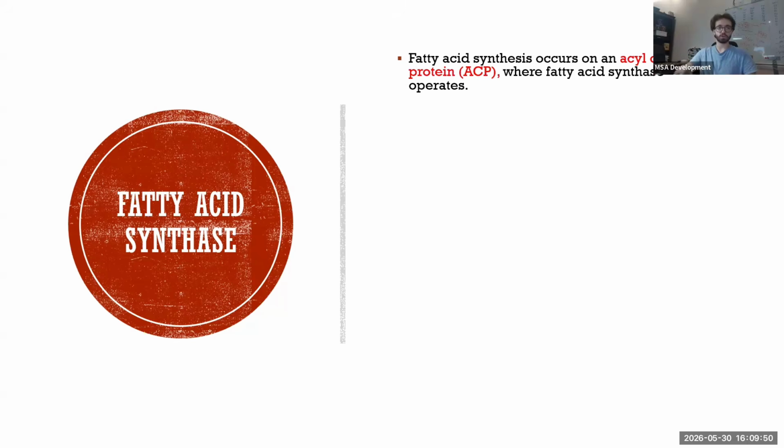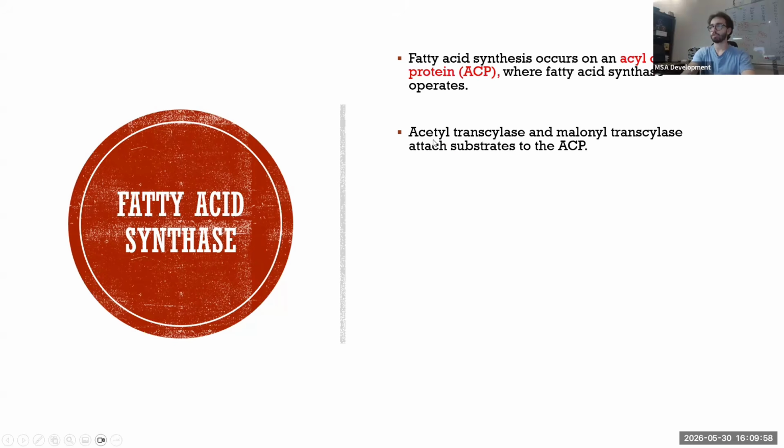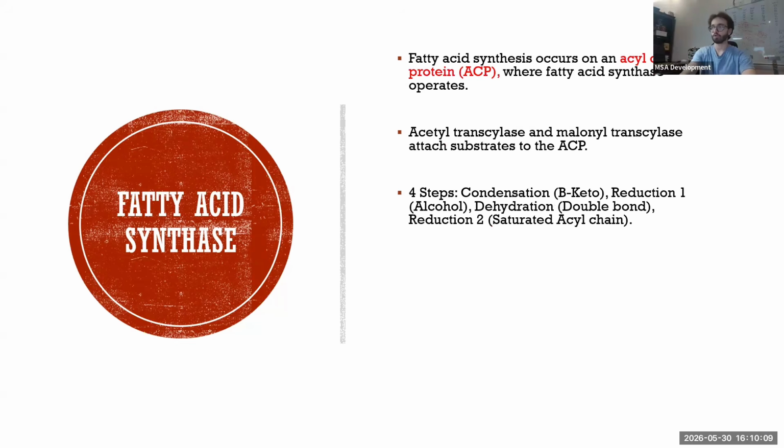You don't need to know what this is. Just know in all these reactions, the condensation and so on, they happen on the acyl carrier protein, okay? This is for completeness' sake. Acetyl transacylase and malonyl transacylase are two enzymes that take the substrates and put them on the acyl carrier protein so that fatty acid synthase can work.